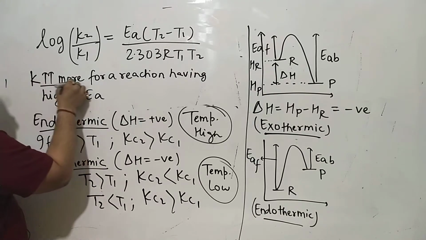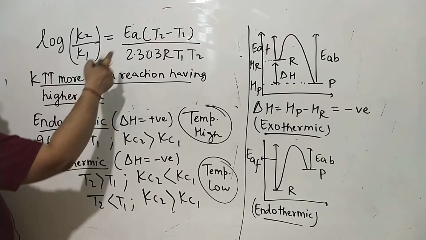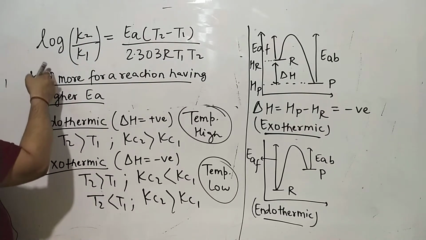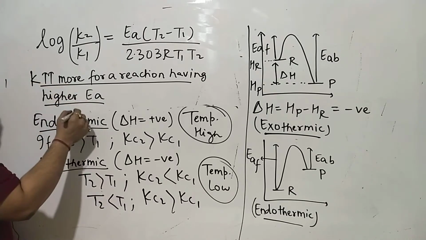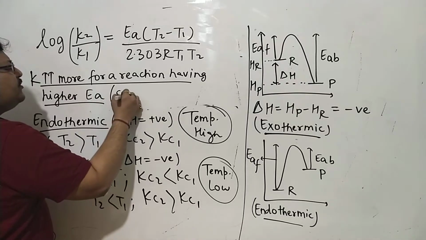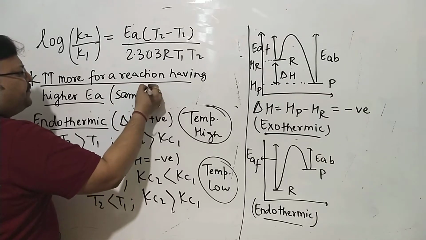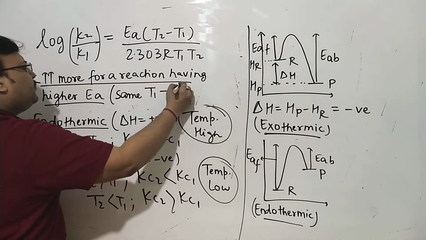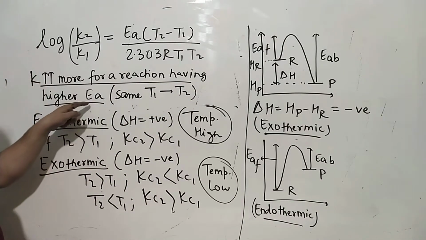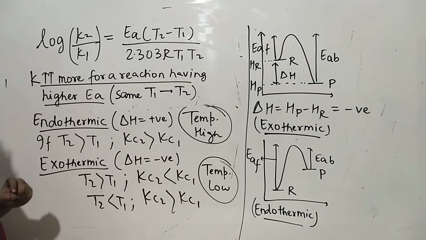This is such an important statement. Temperature always increases K. But the increase in K is more for a reaction having higher EA, for the same change of temperature, from the same T1 to the same T2.